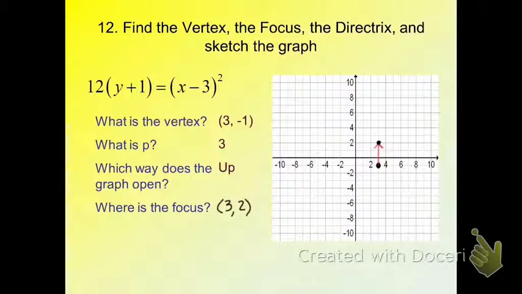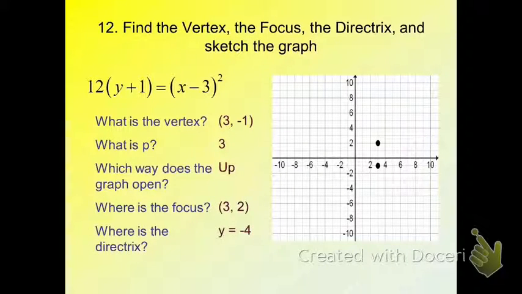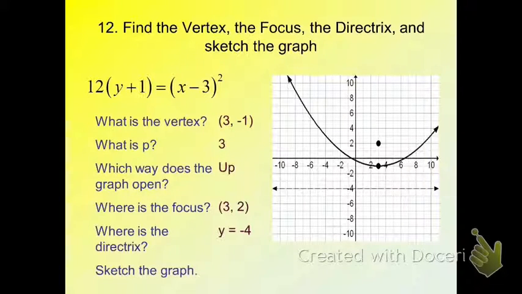I'll go in the opposite direction, but the same distance, so down 3, to find the directrix, which is going to be y equals negative 4. A lot of people, when they're graphing, struggle with that whenever they're asked to graph the focus and the directrix. You use that p-value and use the direction that the parabola opens to find that. And then once you know that it opens up, you can sketch that graph.